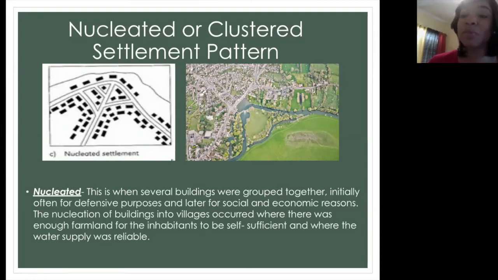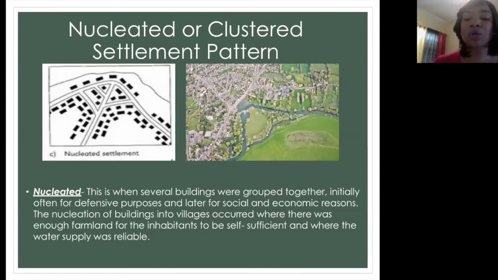So these ones are more clustered together compared to our previous settlement pattern. And in this cluster, you are actually able to see the way the different road patterns move throughout this settlement pattern.